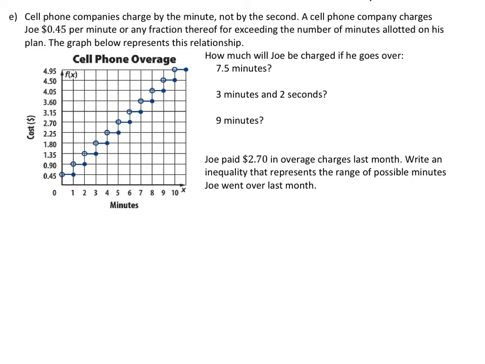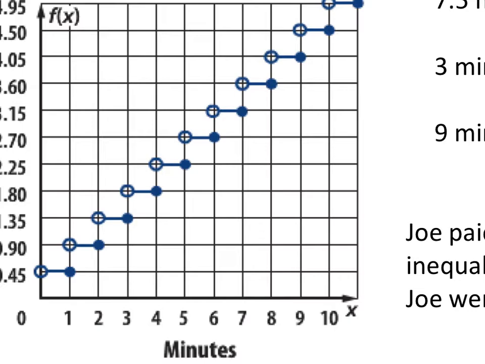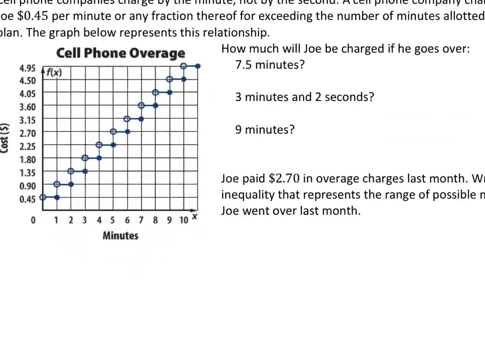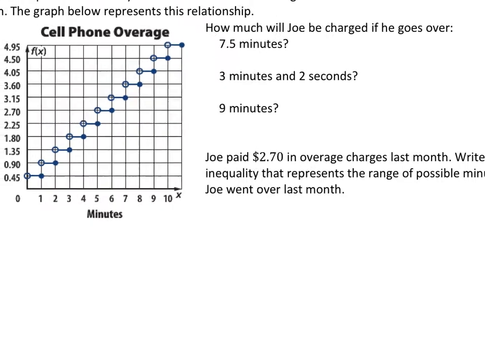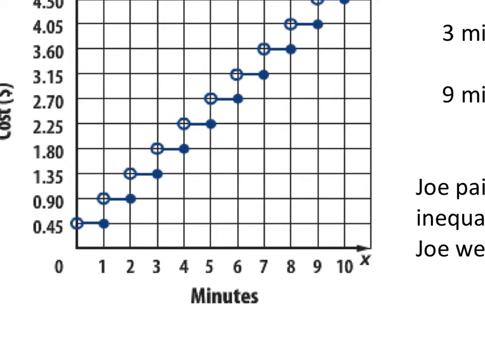All right, so then our questions, and if we look at this, do we think this is a floor or ceiling based on how this graph is made out? Since we start with the open circle, it's a ceiling function. How much will Joe be charged if he goes over 7.5 minutes? So 7.5 minutes would be somewhere in here.